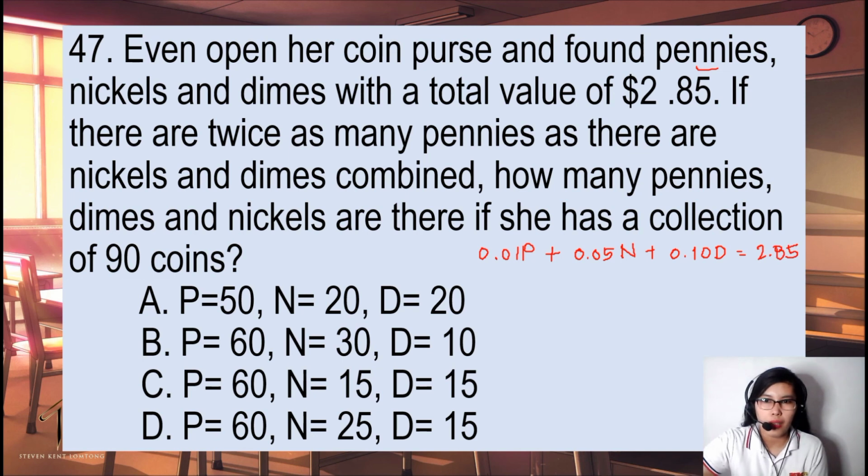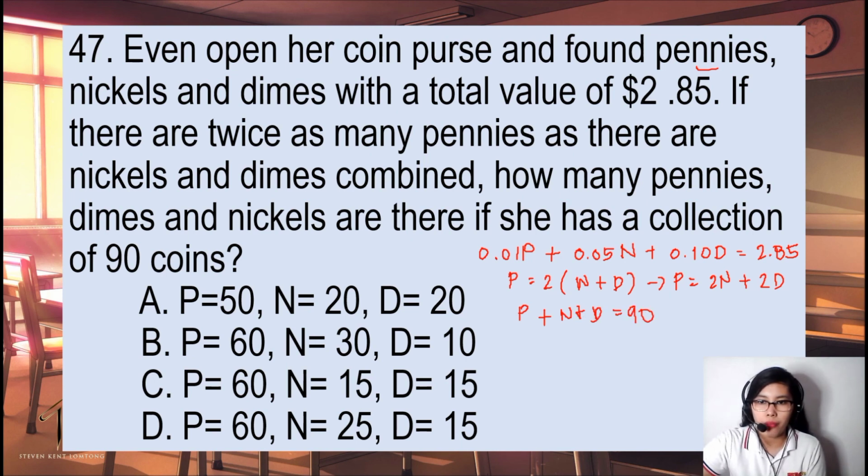Then there are twice as many pennies, so p is equal to twice the combined nickels and dimes, so n plus d, or that's also equal to p is equal to 2n plus 2d. Then the combined numbers of pennies, dimes, and nickels are 90 coins, so p plus n plus d is equal to 90.